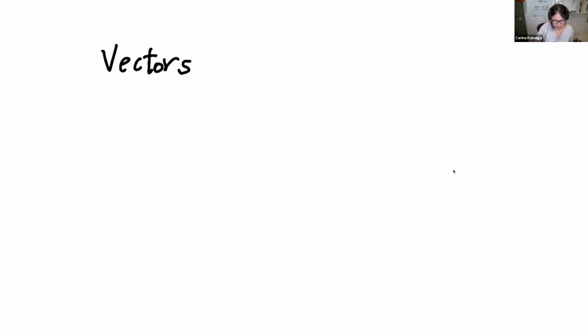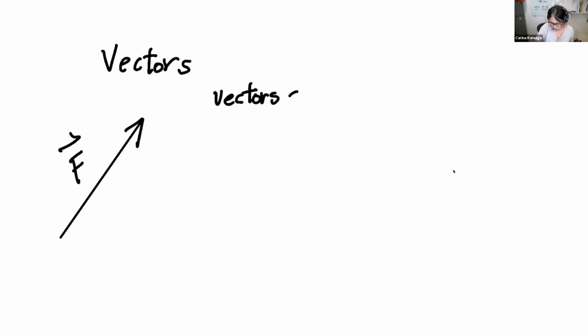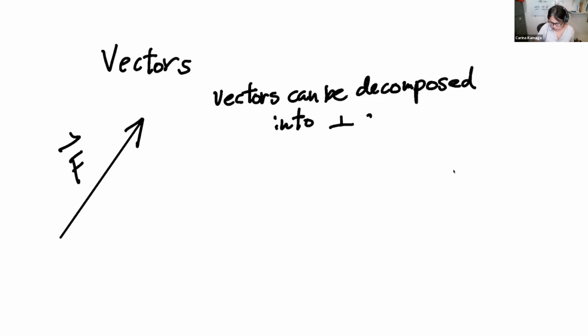So we know that for any arbitrary vector, you just draw any random vector arrow. Random one. So let's say this is F, vector F. Vectors can be decomposed into perpendicular components.